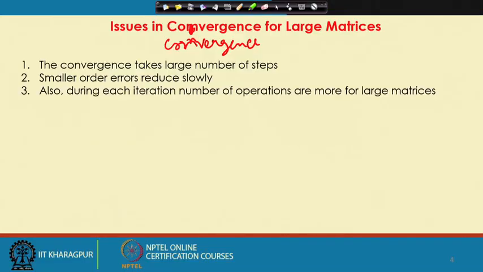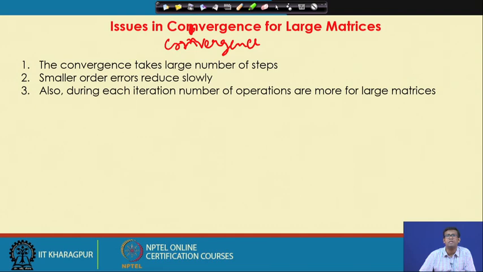Also, during each iteration, the number of operations is more for a large matrix. This is also a very important thing, because we are dealing with an n by n matrix. Each iteration probably takes n or n square number of operations in subtraction, addition. When we are having a large matrix, n is very high, so the number of operations during one particular step is higher than when the matrix is small.